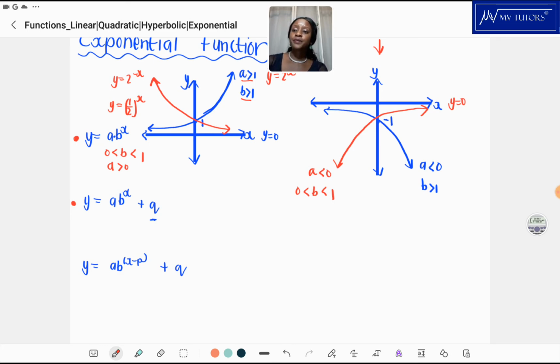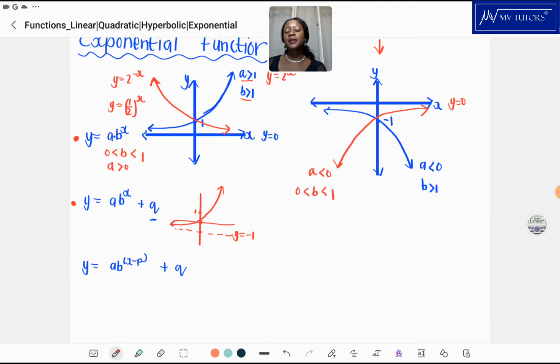If you shifted it 1 unit down, then instead of your graph passing through 1, it's going to go 1 unit down. So it's going to pass through the origin and do something like that. You have your new asymptote, where now y equals negative 1. That's basically what a vertical shift does.